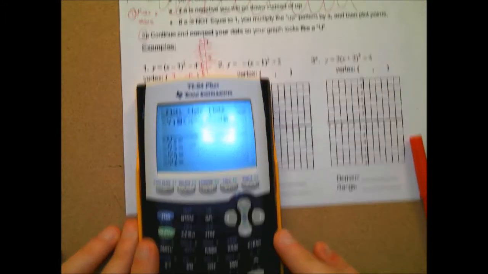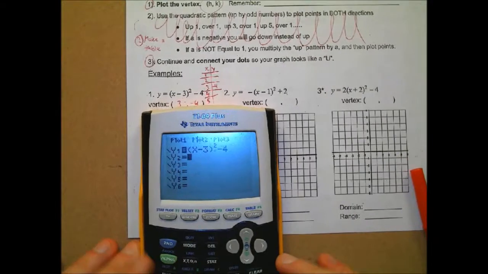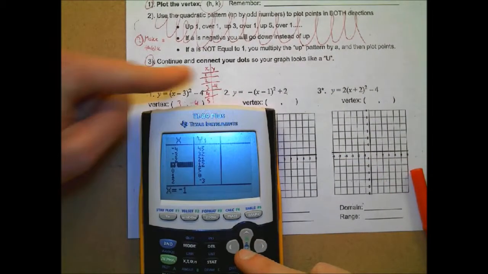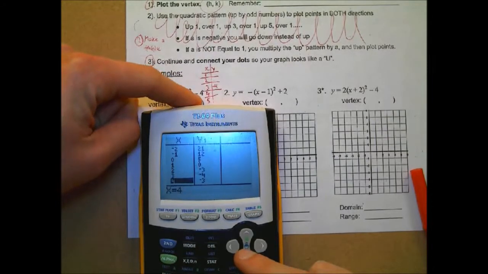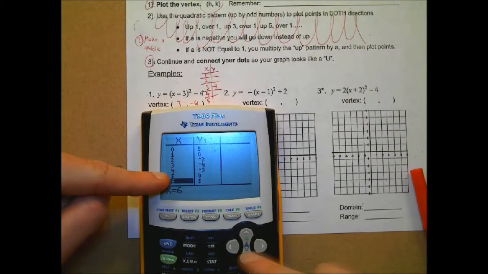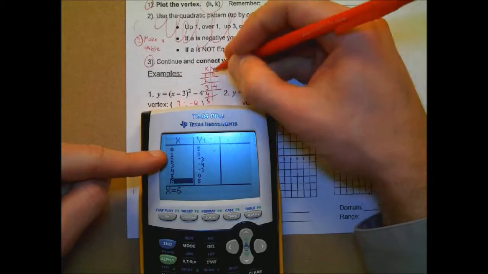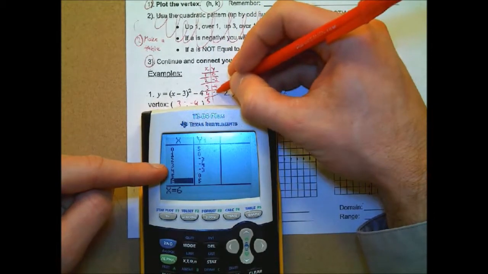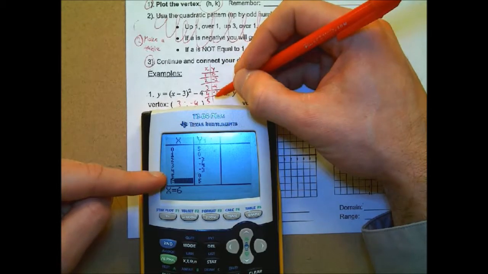Then I do second graph, and there's my table. I need 1, 2, 3, 4, and 5. For 1, I get 0. For 2, I get -3. For 4, I get -3. And for 5, I get 0.